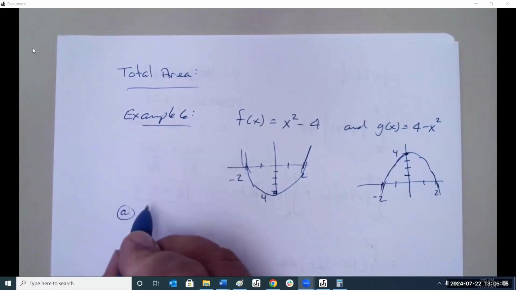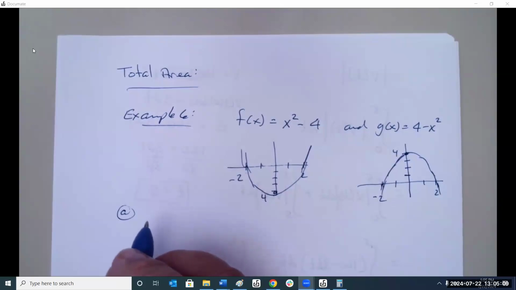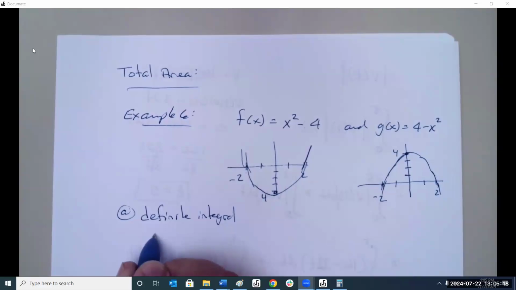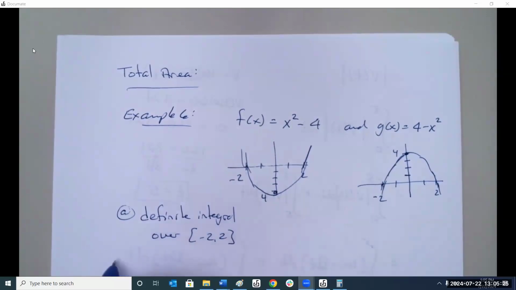A says compute the following: the definite integral over -2 to 2, and the area between the graph and the x-axis over -2 to 2.